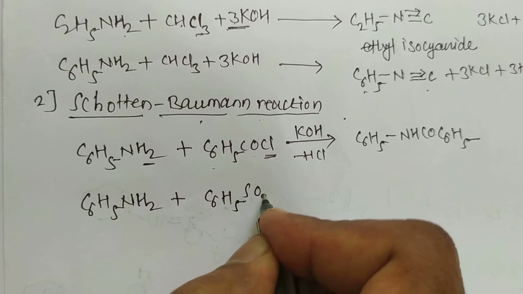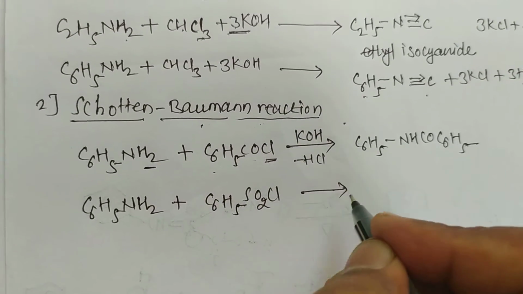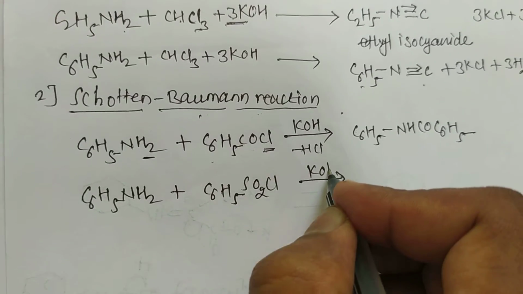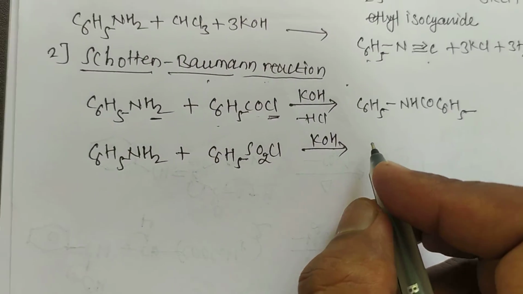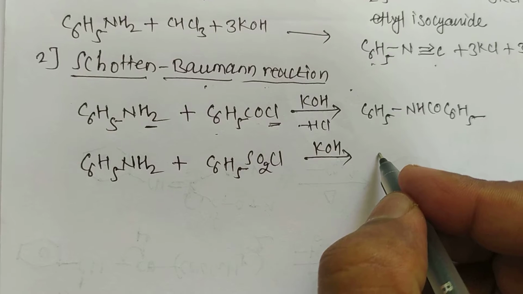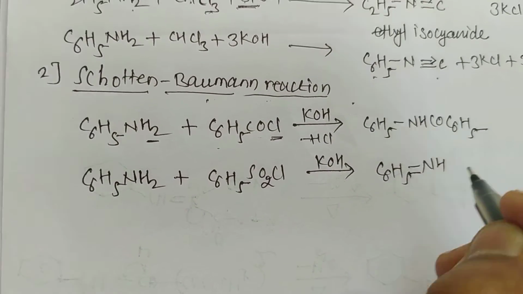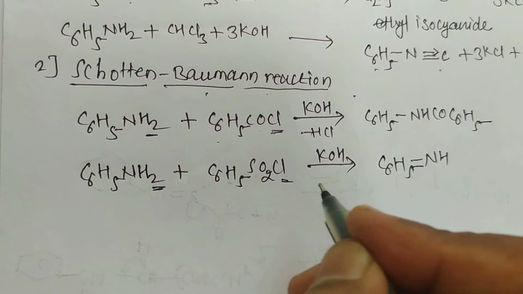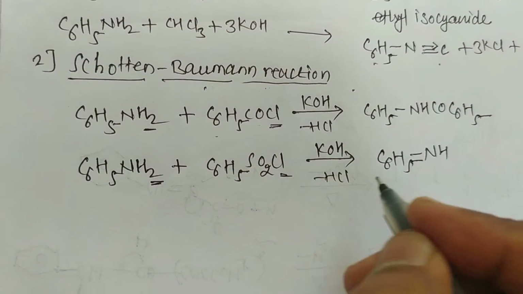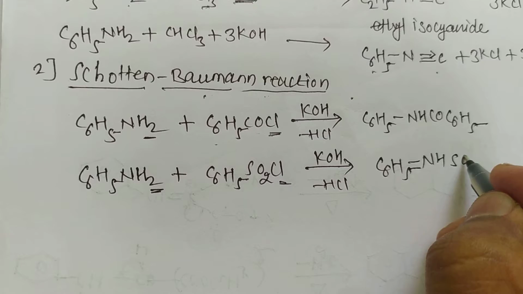Then another example is, suppose the aromatic amine, aniline, is reacted with C6H5SO2Cl, sulfonyl chloride, and in the same way these reactants react in the presence of KOH solution and give C6H5NHSO2C6H5, where one of the hydrogens reacts with the Cl and HCl is removed.